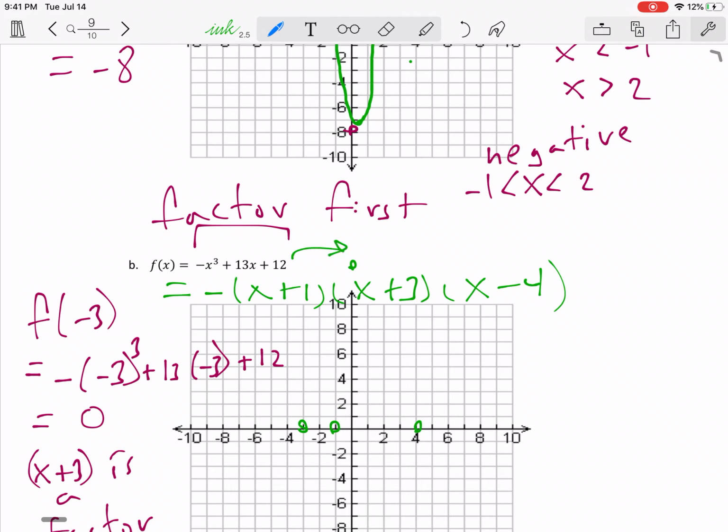Now if you look at your brackets, x + 1, x + 3, and x - 4, they all have odd multiplicities of 1, which means you just pass through each time you hit the x-axis. You've got a negative leading coefficient, and altogether this is cubic, so it's following a cubic pattern. That means you're going up in quadrant 2 and going down in quadrant 4, so you're essentially following y = -x.